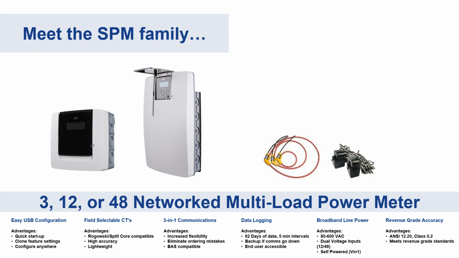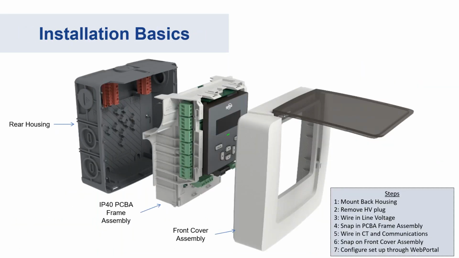Do I need a separate enclosure for this new power meter? You don't. The dark gray part is a UL rated enclosure, approved for use for high voltage up to 600 volts, and the light gray housing snaps over that securely so that the high voltage is protected.